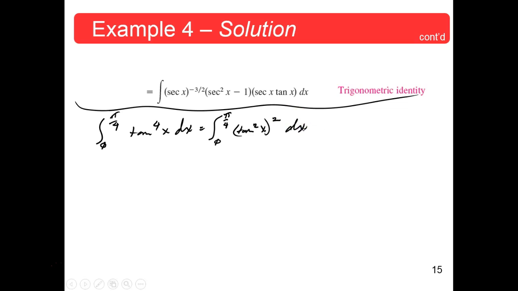Okay, that was pretty simple, right? Let's convert that tangent squared to a secant squared. Integral from 0 to pi fourths. And what is tangent squared in terms of secant squared? Secant squared x minus 1, squared, dx. Okay?